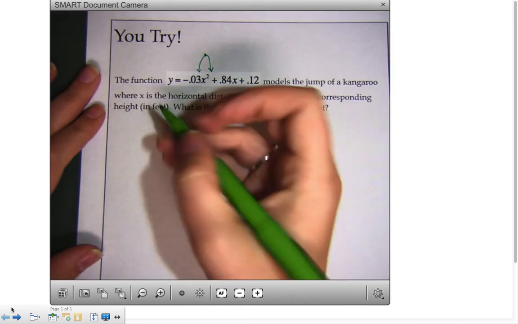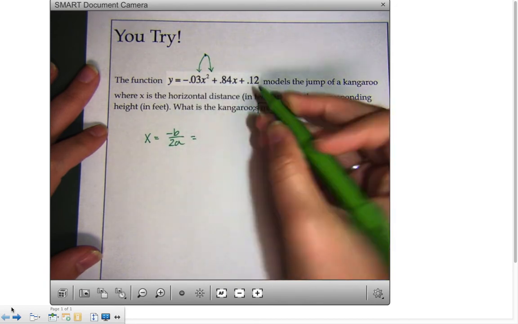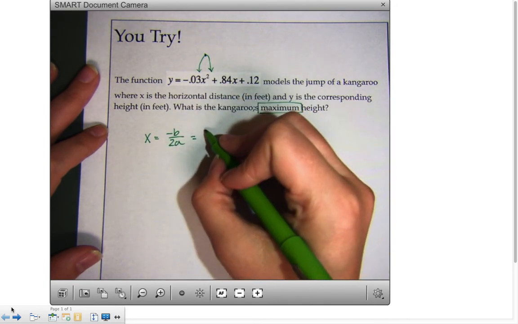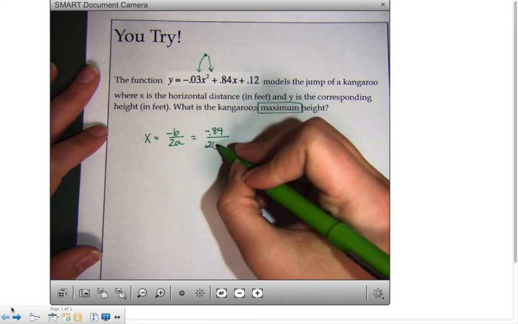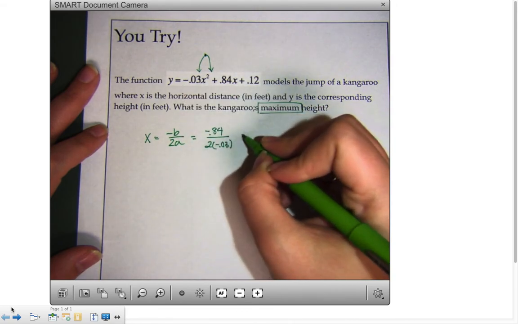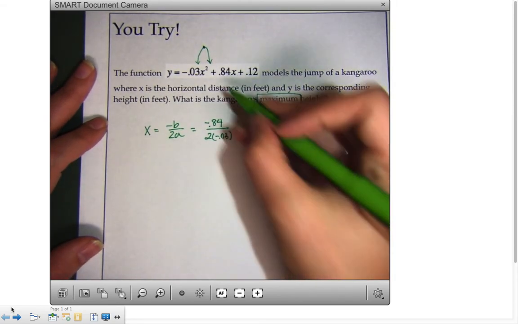So you need to find the vertex. X equals the opposite of b over 2 times a. B is 0.84, so negative 0.84 over 2 times a, which is negative 0.03. That reduces to 14. Plug 14 back in.